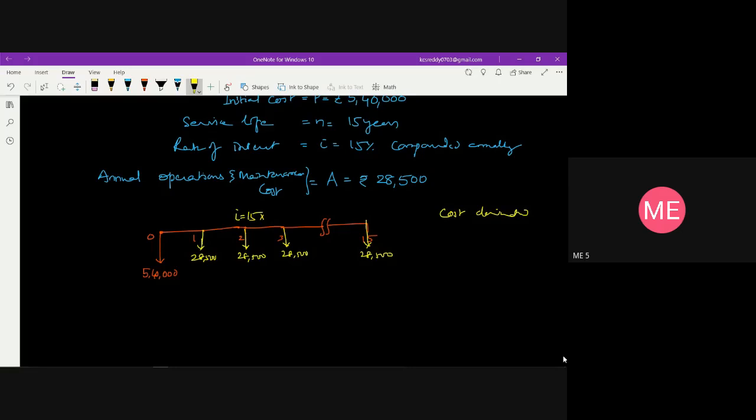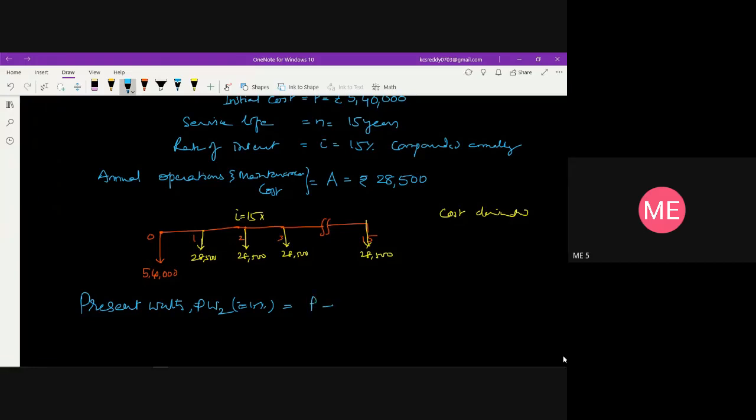So we can write the present worth equation for alternative 2 at i equal to 15%. All the costs will be taken as positive.